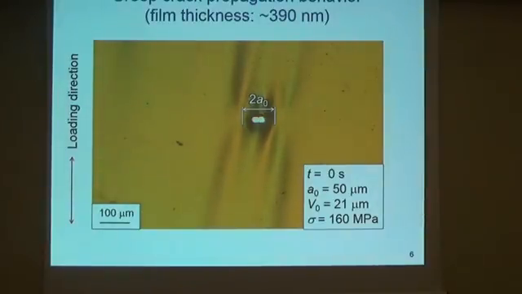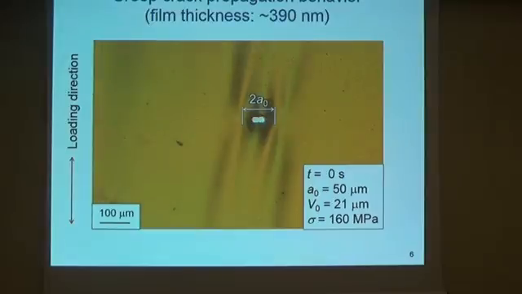This is a result of a creep experiment, on the specimen of about 390 nanometers. This is an optical microscope image around the initial notch. This is a photograph at the starting point, t equals 0, and you can see some wrinkle or out-of-plane deformation around the notch.